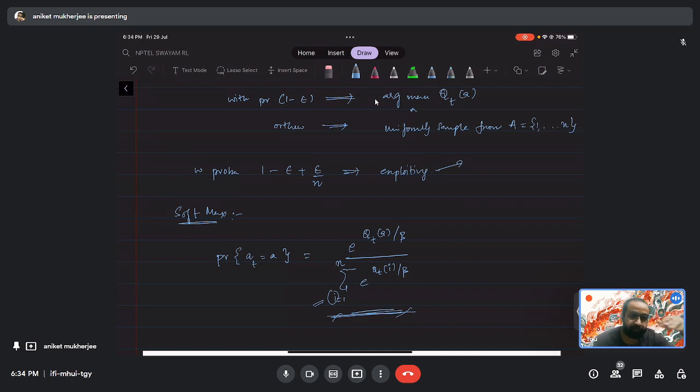The maximum arm would give you the highest value, and as the sample expected rewards of the arms are decreasing, the probability will decrease for each arm. If it is closer to the higher expected sample average of the reward, it will have more probability. If it is very less sample average, then it will have less probability.